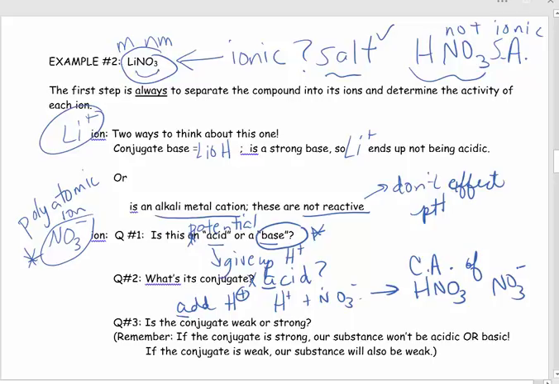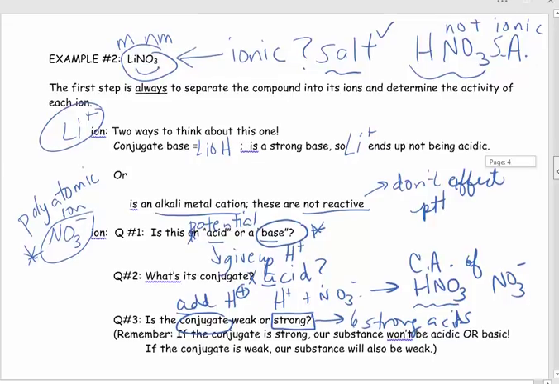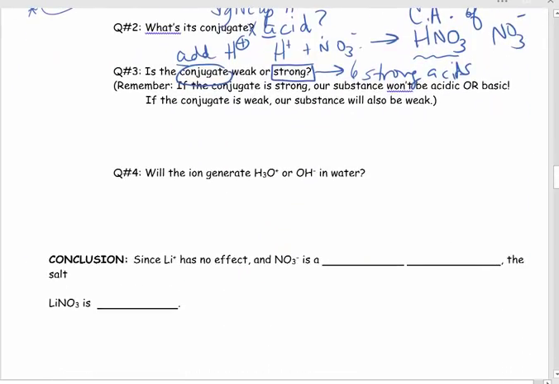All right, so is our conjugate weak or strong? So HNO3, is that a weak acid or a strong acid? Hopefully you're saying it's a strong acid because it's on our list. It's one of the 6 strong acids on the pink sheet, right? So since we know that the conjugate acid is strong, HNO3 is a strong acid.